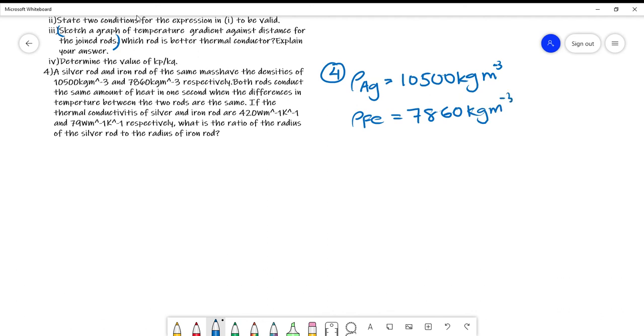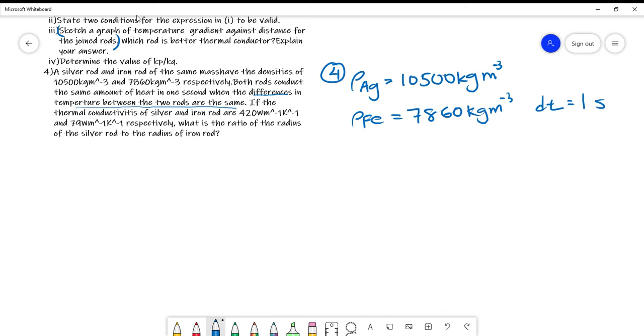So both rods conduct the same amount of heat in 1 second, when the difference in temperature between the two rods is the same. This shall be our keywords.